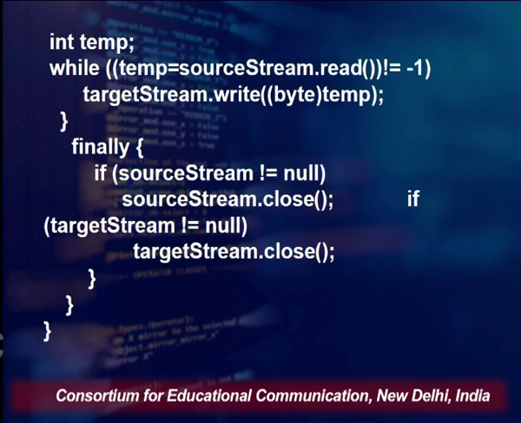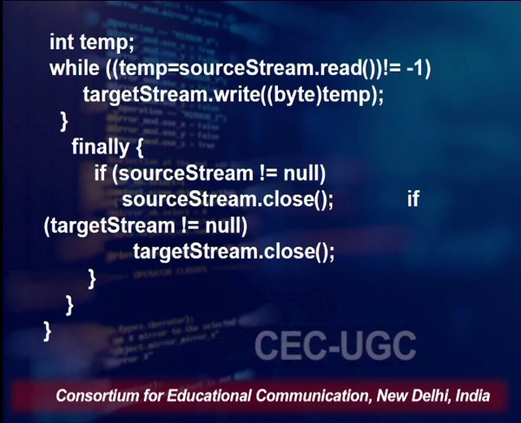Now, after being stored in temp, this temp is going to be passed to the target stream with the help of the method write, so we use targetStream.write(temp). Before writing, we have cast temp into a byte, because we have taken it as an integer and we are dealing with a byte stream.